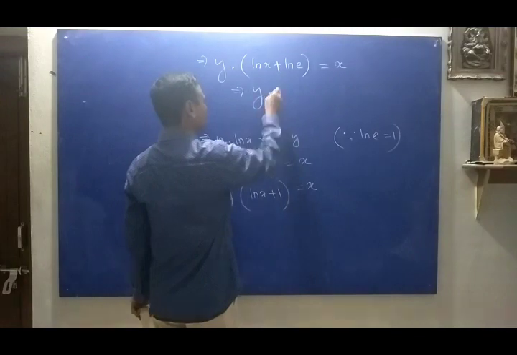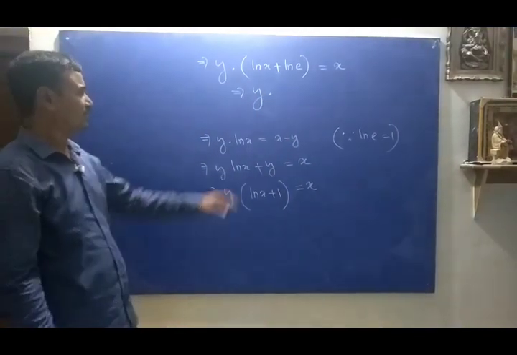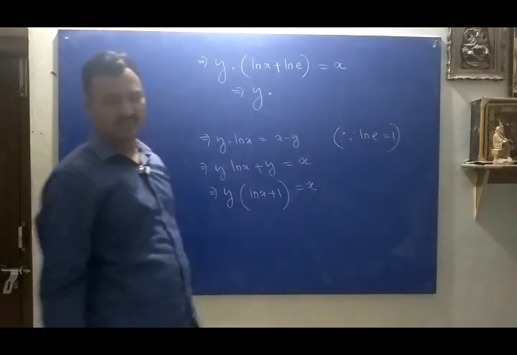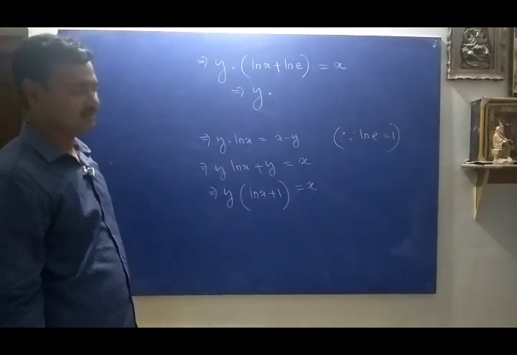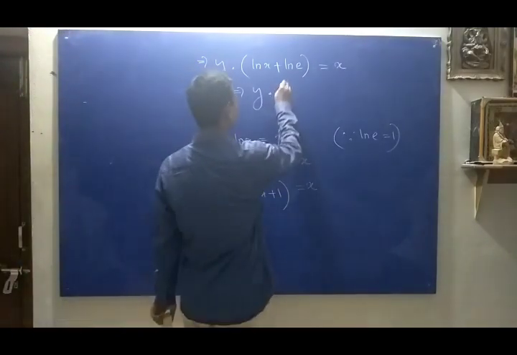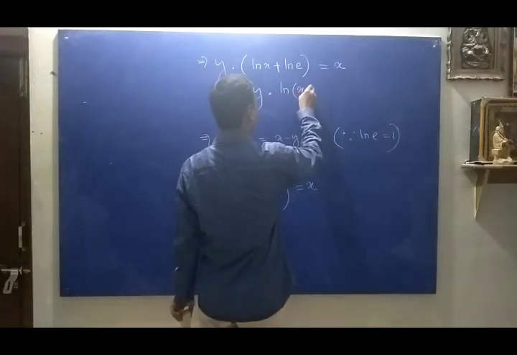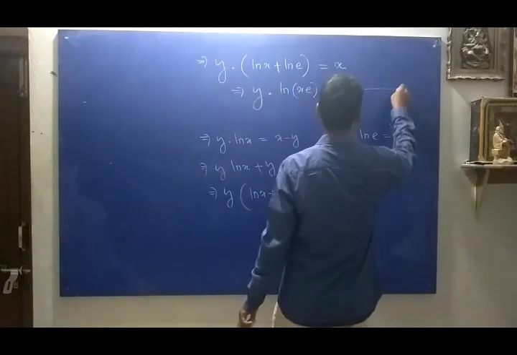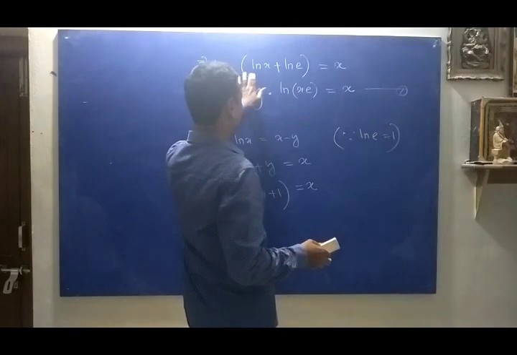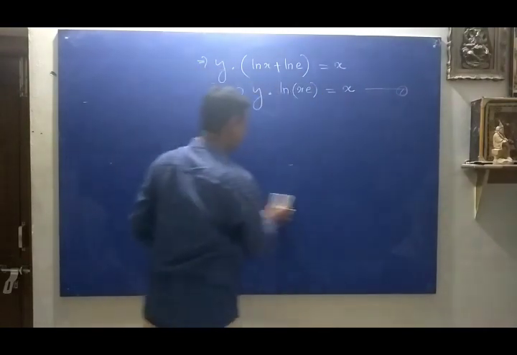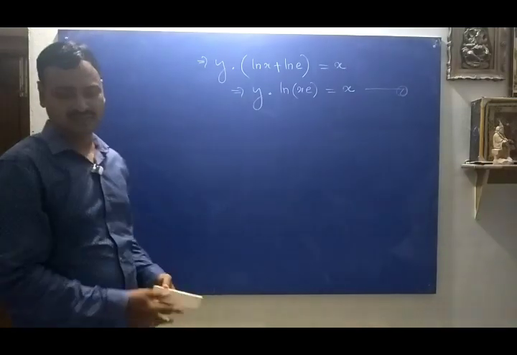Again another formula: ln of a plus ln of b is equal to ln of ab.